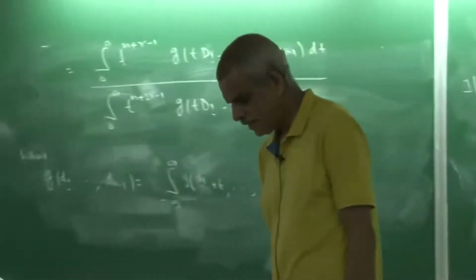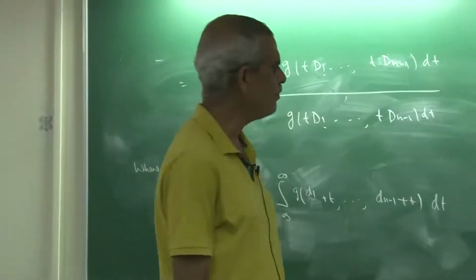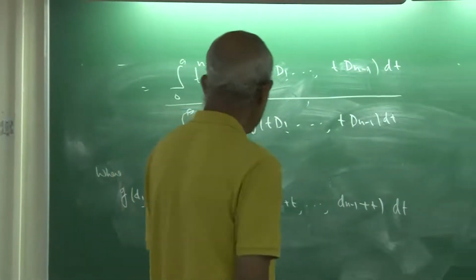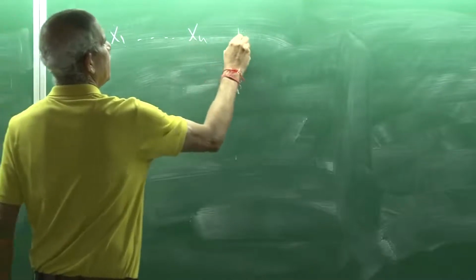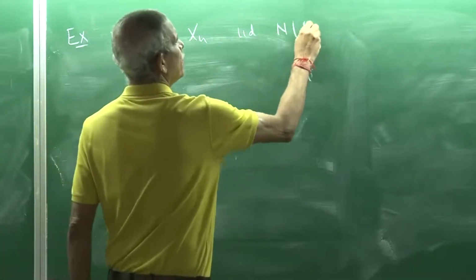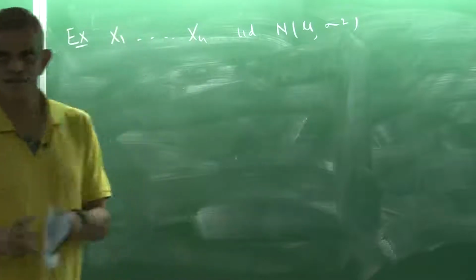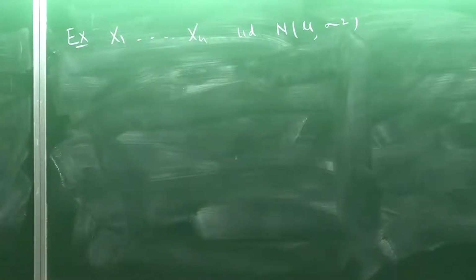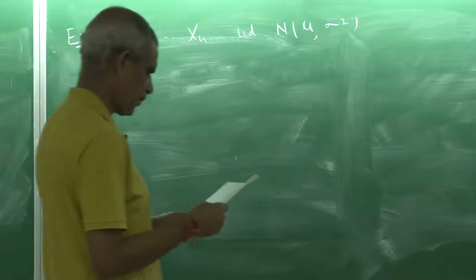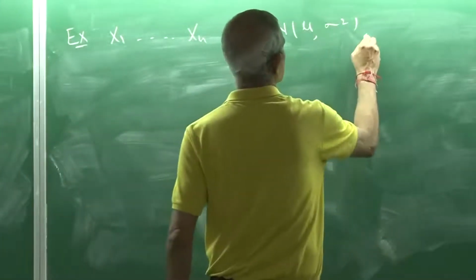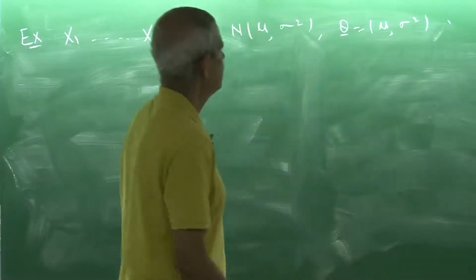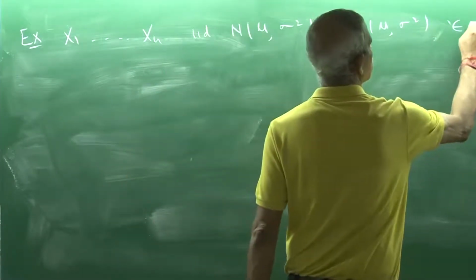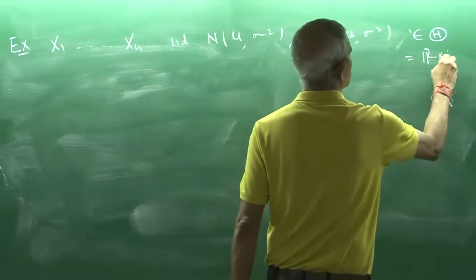One can similarly consider estimation of mu, but before I go to estimation of mu, let me just do one quick example. Suppose x1, x2, ..., xn are IID normal mu, sigma square. Theta is (mu, sigma square), which belongs to capital Theta, which is R cross 0 to infinity.